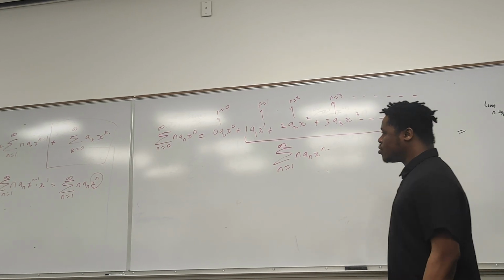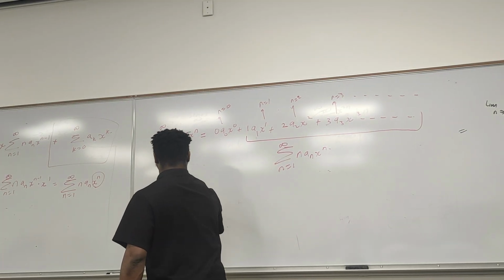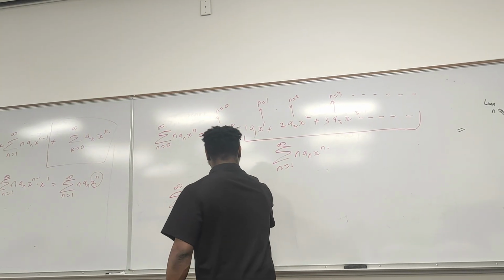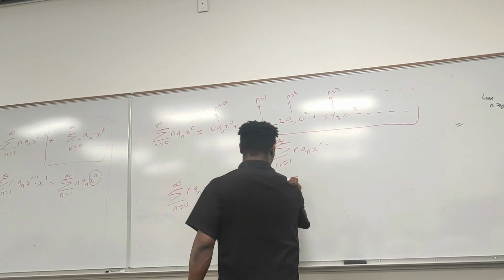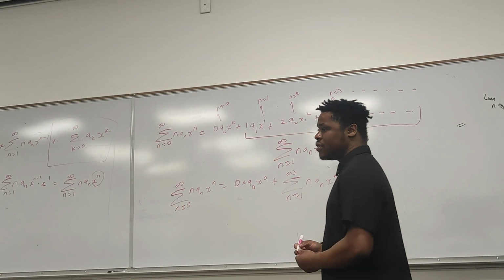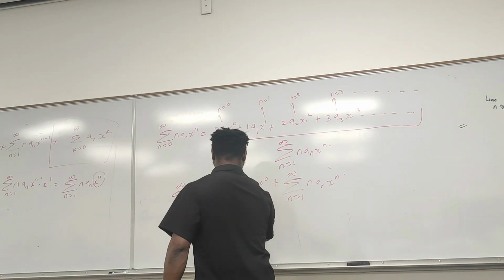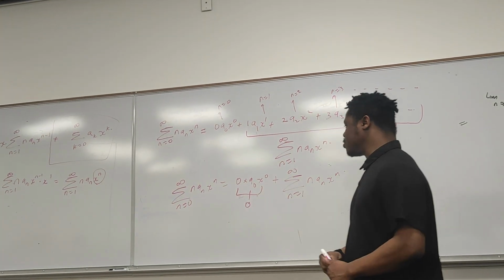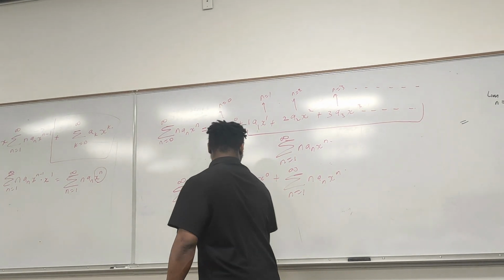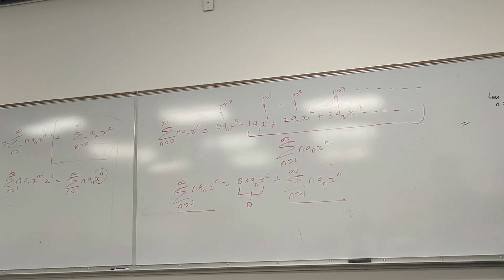So what that means is summation n from 0 to infinity n a_n x^n is 0 multiplied by a_0 x to the power 0 plus summation n from 1 to infinity n a_n x^n. This expression is true. And everything here is 0, because 0 multiplied by 0. So that means this guy, if you shift it to 0, is the same as this guy if you shift it to 1. Great.